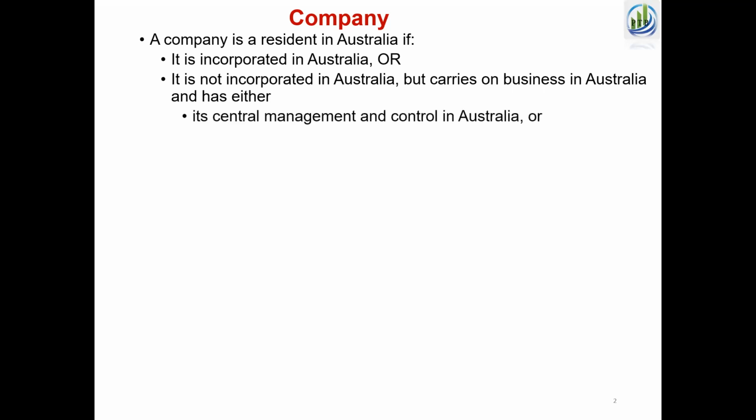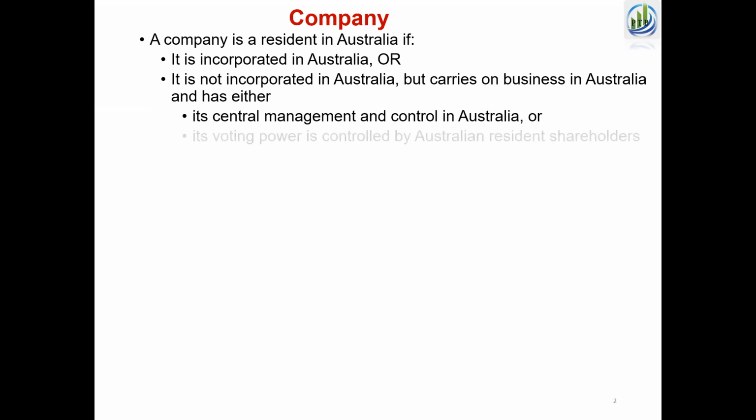So for that type of company, not incorporated in Australia, if their central management and control is in Australia, right? You have your registration outside of Australia and you are doing some operation in Australia, but the company's control and management is from Australia, that can be considered a resident company for tax purposes.